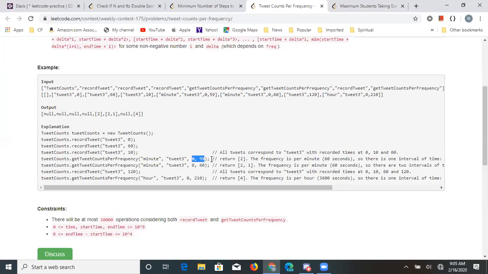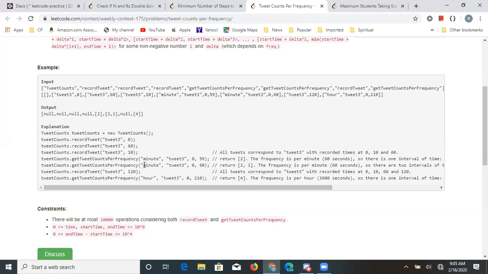Regardless of the granularity, the time is always in seconds. Yeah, that's how I read the question. You are storing this only in seconds. Not just storing, even the start time and end time in the get tweet count per frequency function are also in seconds. If you look at the brackets, it says start time in seconds, end time in seconds. Yeah, we will come to this in the next example.